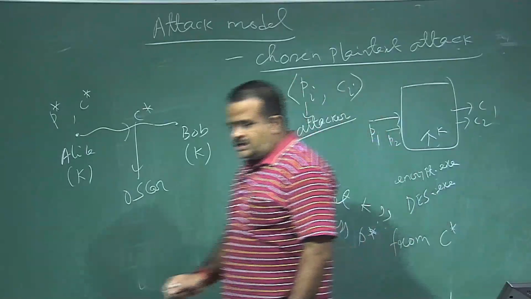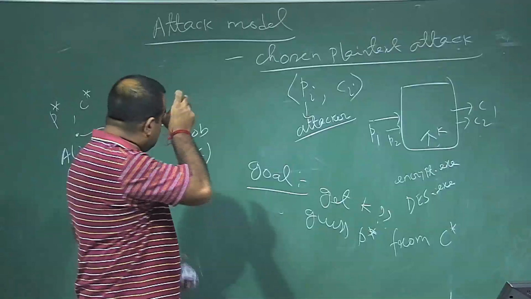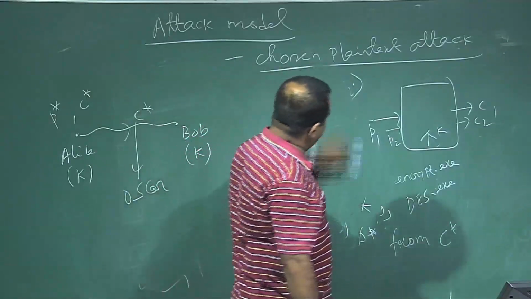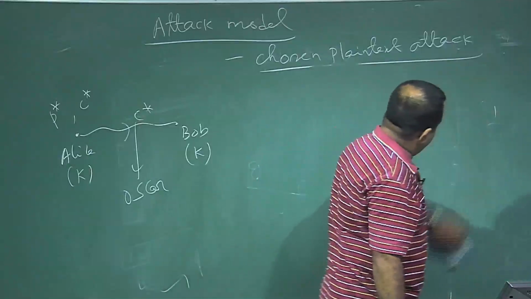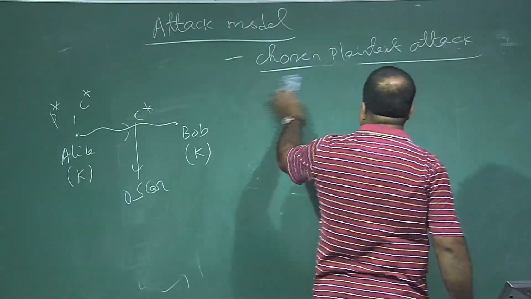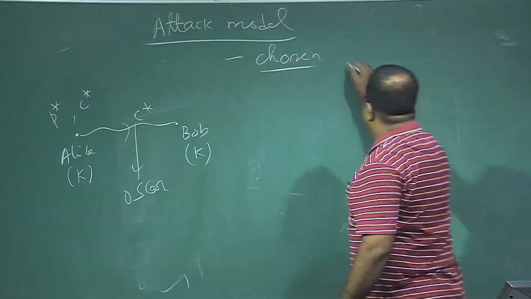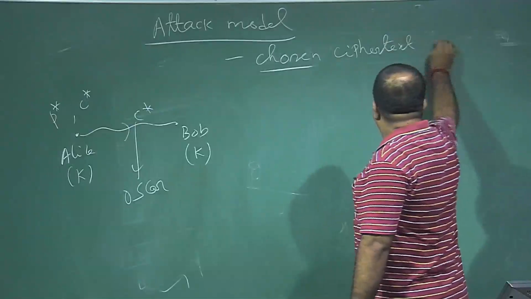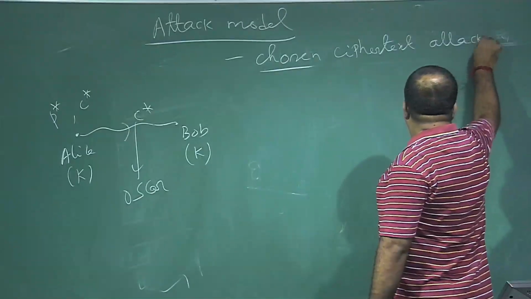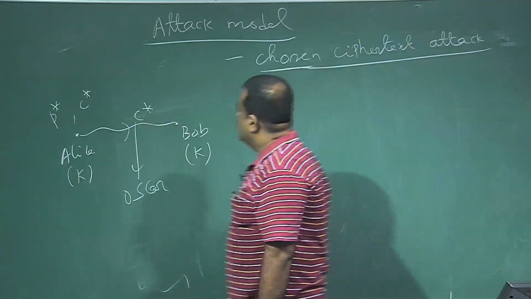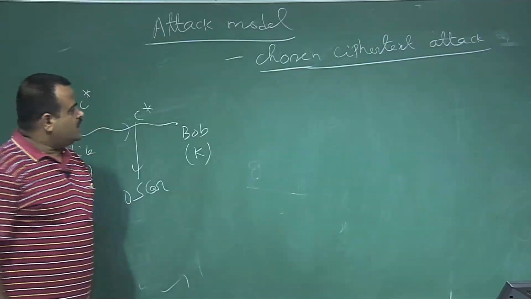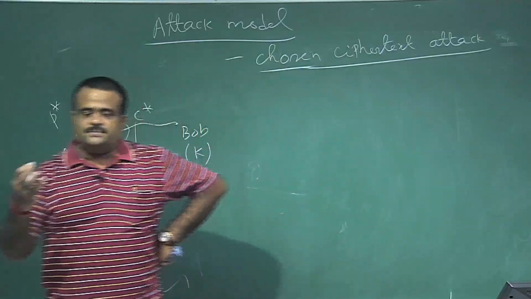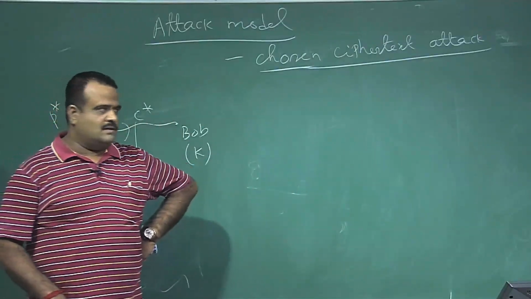Okay. Now, next one is the chosen ciphertext attack. In a chosen ciphertext attack, we are giving temporary access of the decryption machinery to the attacker.